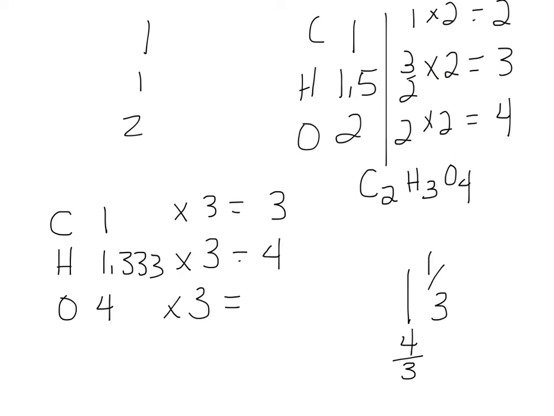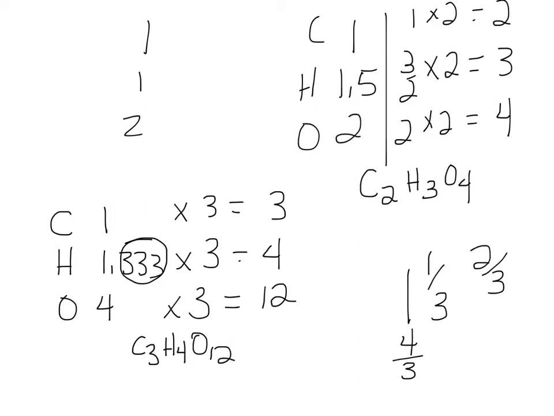And this one's going to give us 12. Okay, so then our formula would be C3H4O12. So if you get a decimal of 0.3333, you're going to need to multiply by 3. And the same thing, what if we had 2/3, and that decimal is 0.667. So you're going to also multiply anything with that by 3.